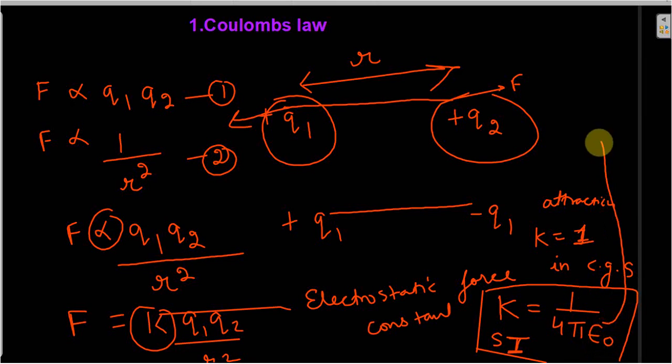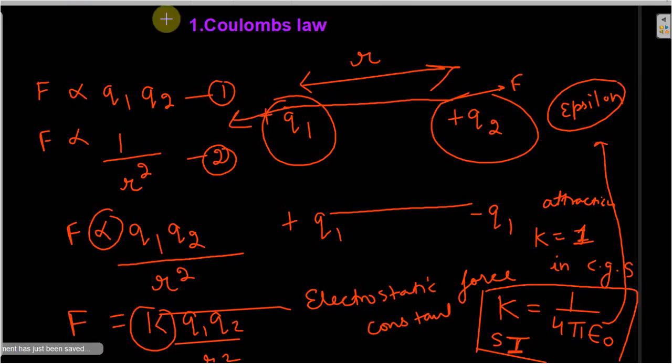This symbol is known as epsilon. This symbol epsilon naught, we will discuss in detail. The symbol epsilon gives us the resistance to the interaction between the two charged particles.